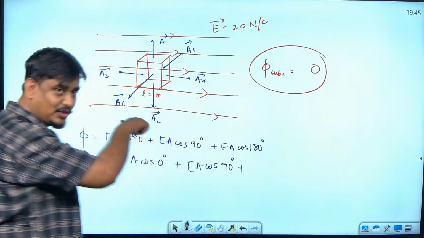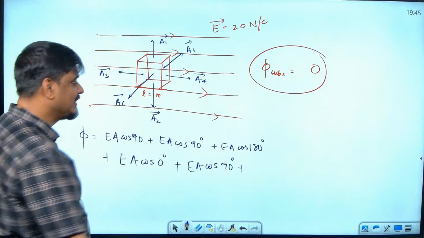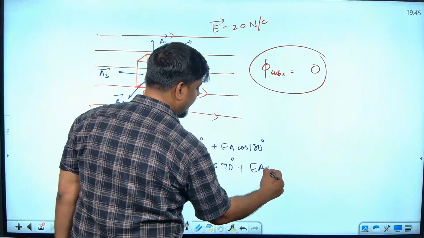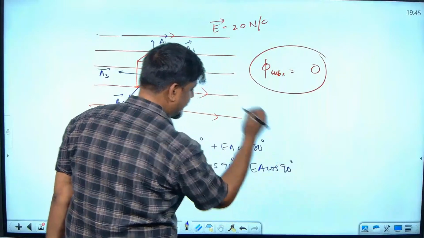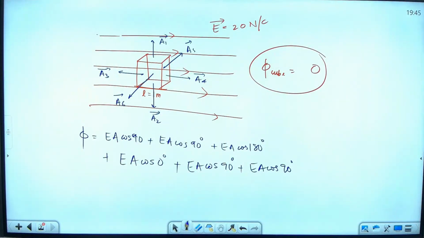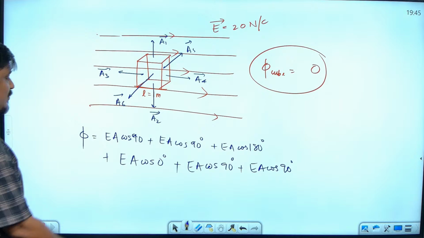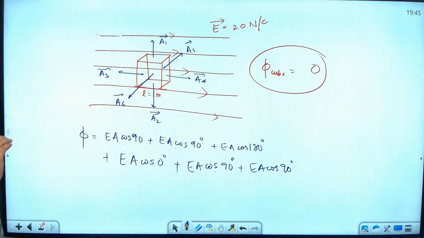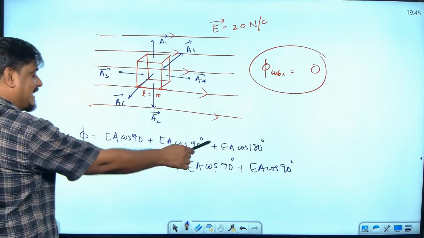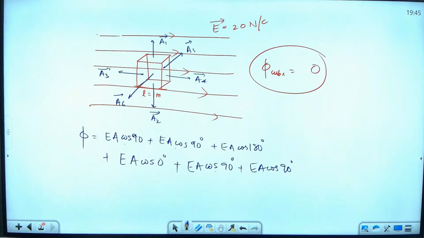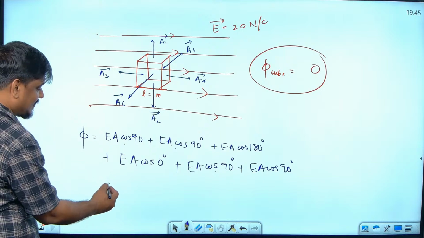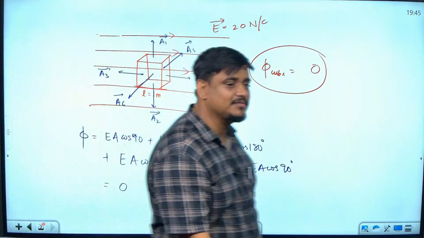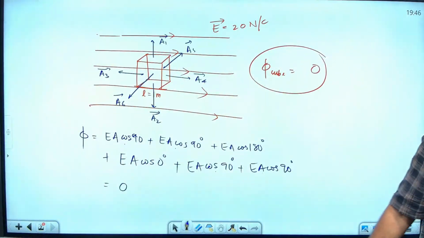And last area towards you, once again perpendicular, E A cos 90. What is cos 90? 0, 0, 0, 0. What is cos 180? So minus EA. What is cos 0? Plus EA. What is the answer?